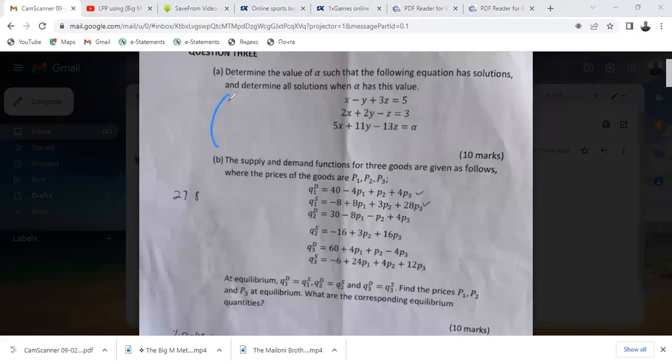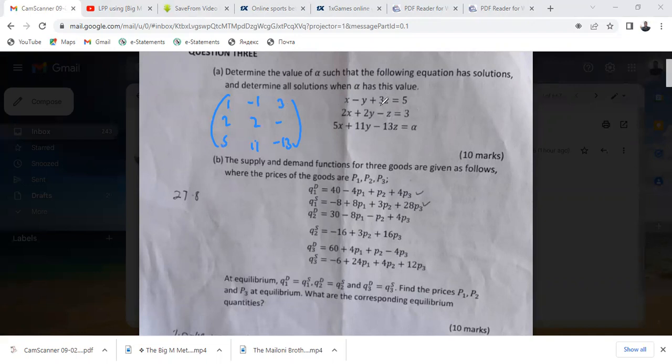Say you have 1, 2, 5, negative 1, negative 1, 2, 11, 3, 3, negative 1, negative 1, negative 13. Of course, this one will give you a good determinant.